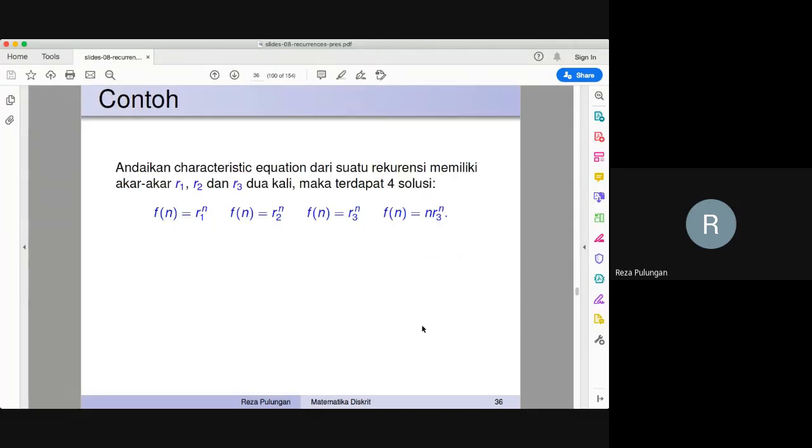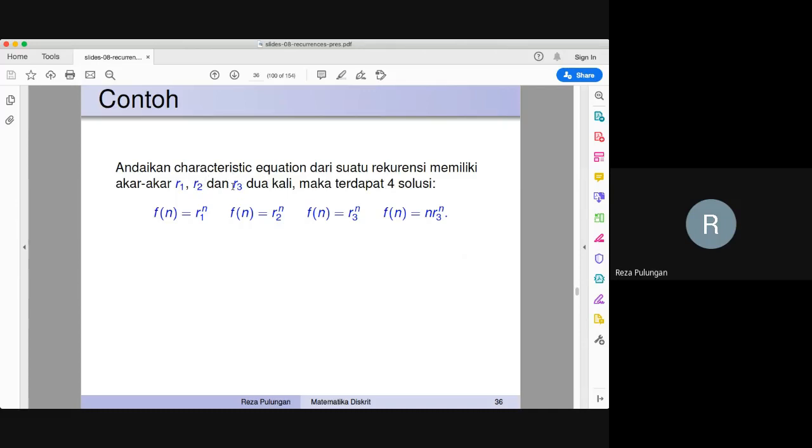Let me give you an example. Assume that once you find the characteristic equation, we have four roots. The first root is r1. The second root is r2. The third root is r3.